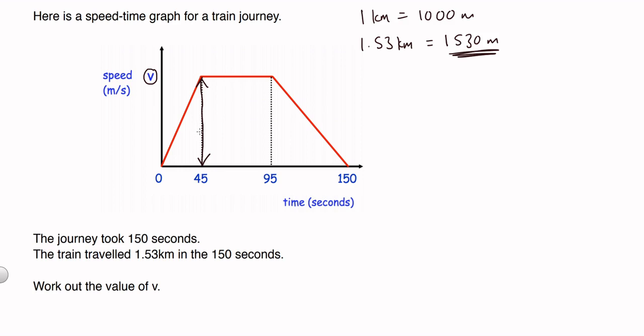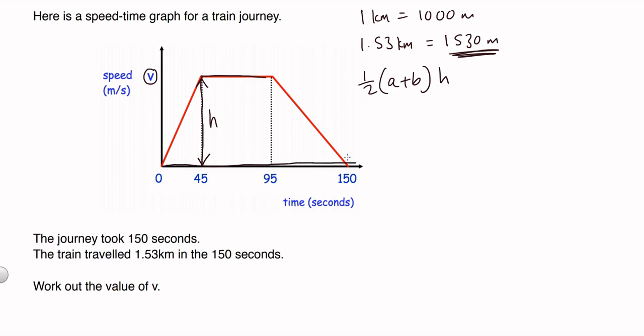Well, this is a trapezium. The formula to work out the area of a trapezium is half (a + b)h, where h is the gap between the two parallel sides. This and this are the two parallel sides.